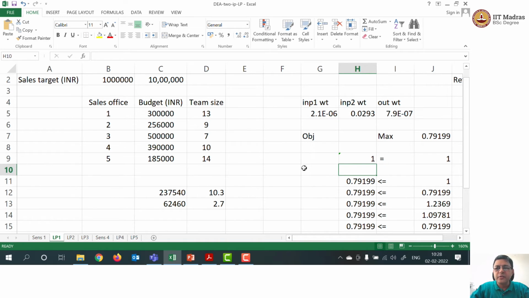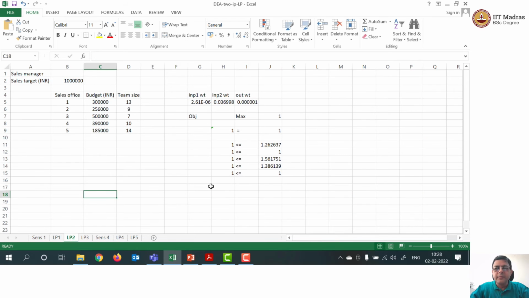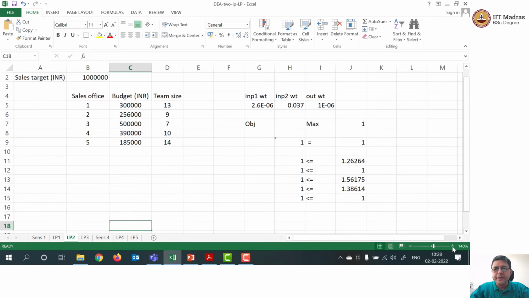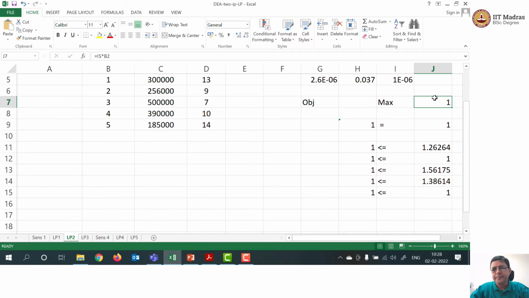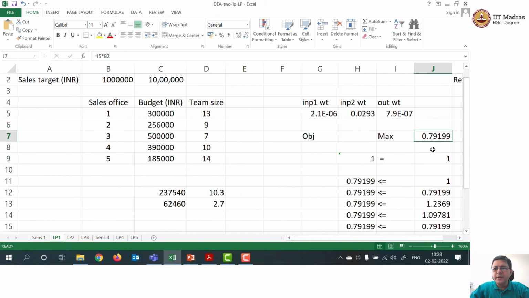So I know that this is the solution for the optimization problem for DMU1. So what was the reported objective function? The reported objective function was 0.79, which is why we called DMU1 as inefficient DMU. Look at DMU2. When DMU2 solved its problem, it reported an objective function value of 1. Therefore, DMU2 was efficient. So DMU1 reported an efficiency of 0.79.